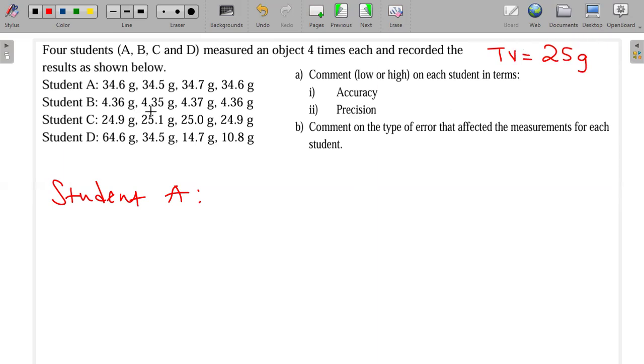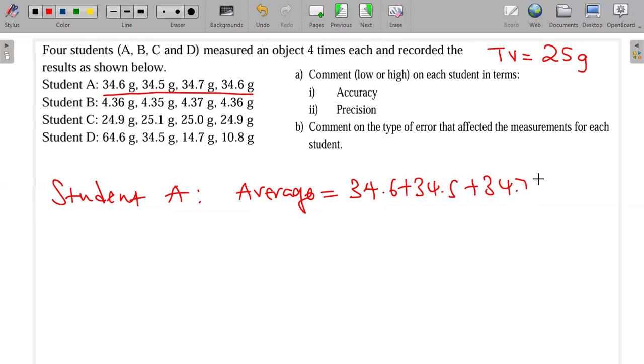So for student A, if we want to know if these measurements are accurate, then we have to find the average of whatever I've been given there. The average, or in short, the mean, is: we add 34.6 plus 34.5 plus 34.7 plus 34.6, and then divide all this by 4.